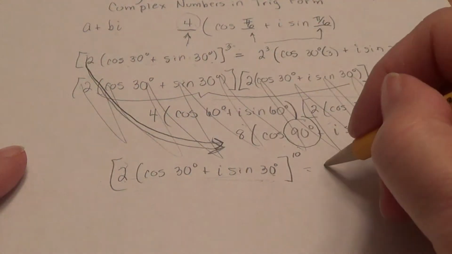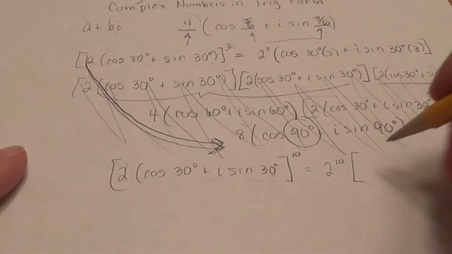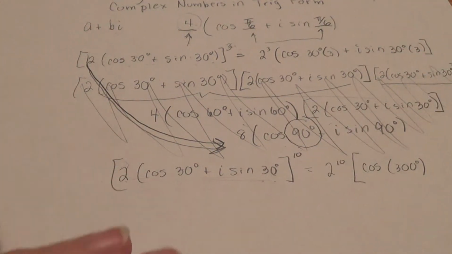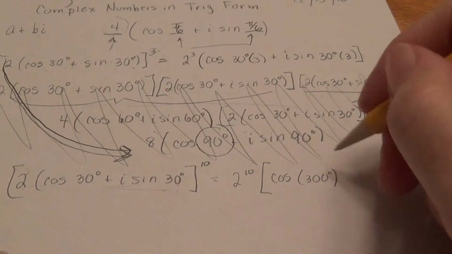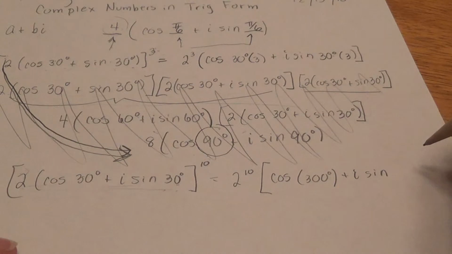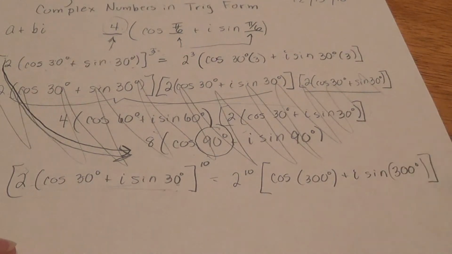2 raised to the 10, and then 30 times 10. I don't really need those parentheses, but I'll put them in there to match.